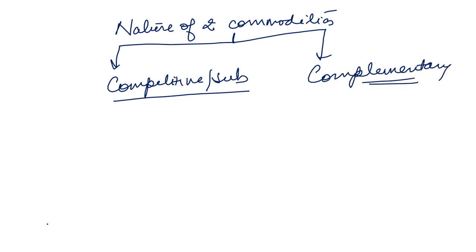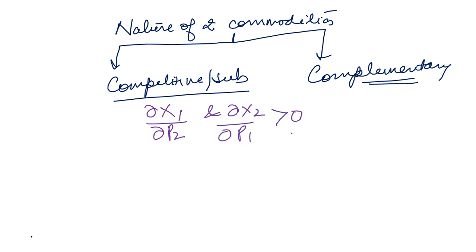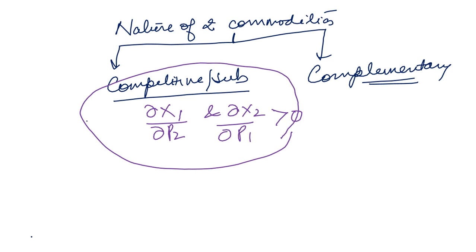So what can I infer from this logic? If del x1 by del p2 and del x2 by del p1 are strictly greater than 0, we say the two goods are competitive or substitutes.